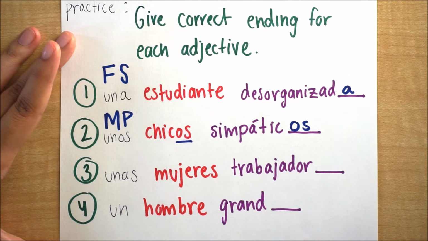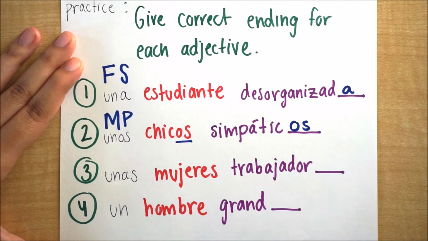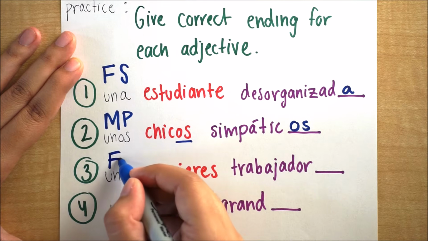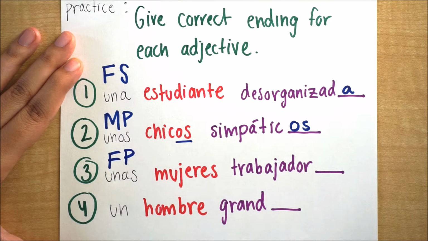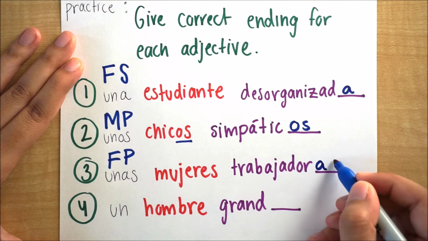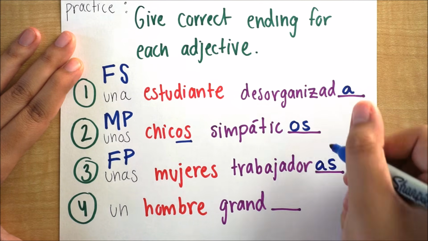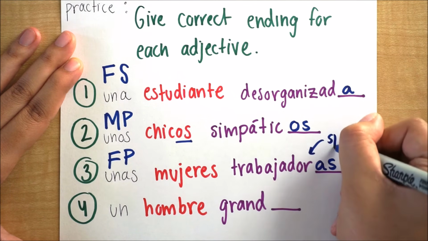Now let's move on to number 3. So it says unas mujeres, meaning the women. Women is plural, right? And that gives it away with the S ending. And it's feminine because women are feminine. So just by not looking at the chart, we know that it's going to end in AS, trabajadoras.